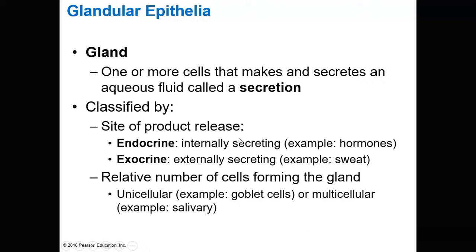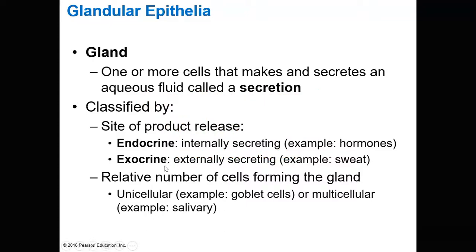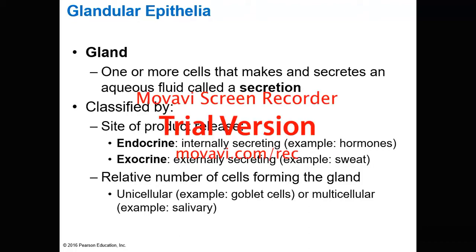Examples are hormones. When you think of exocrine, think of exit, X. Externally secreted. Example, sweat. The number of cells forming a gland could be one cell, for example a goblet cell, or it could be multicellular.